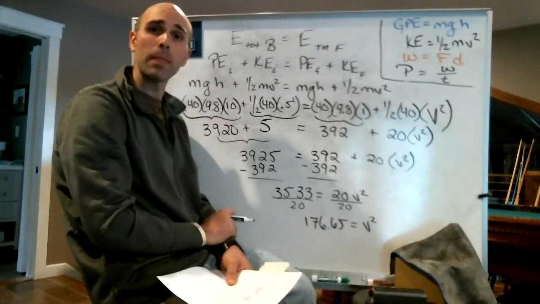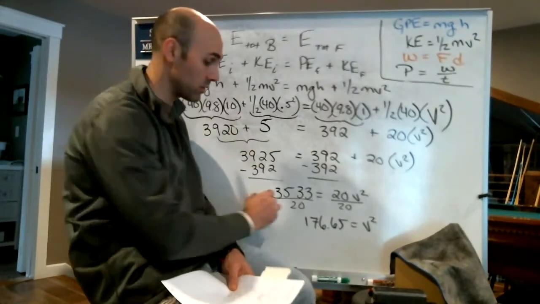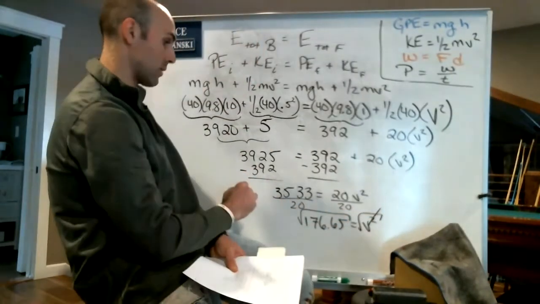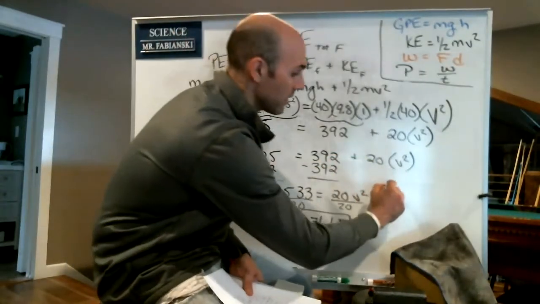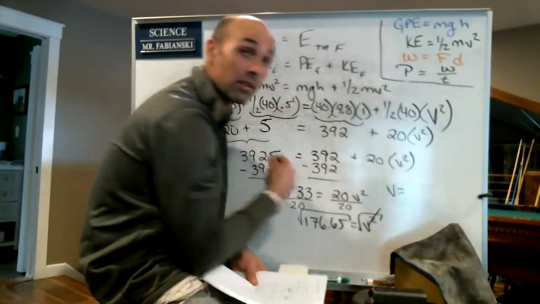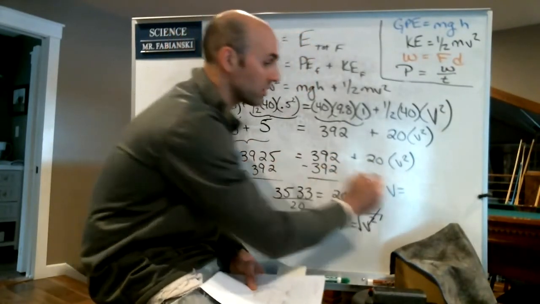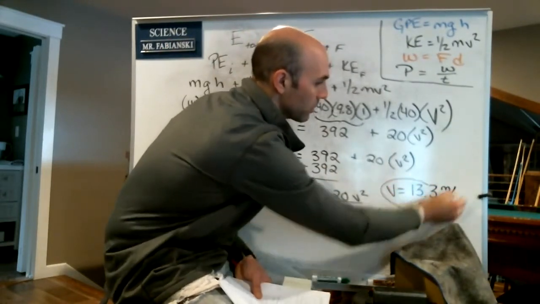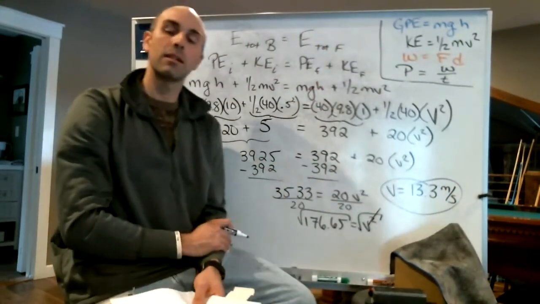What do we do now? Excellent job, we square root. And we find out that V, my velocity at 1 meter high, will be 13.3 meters per second. And that's it.